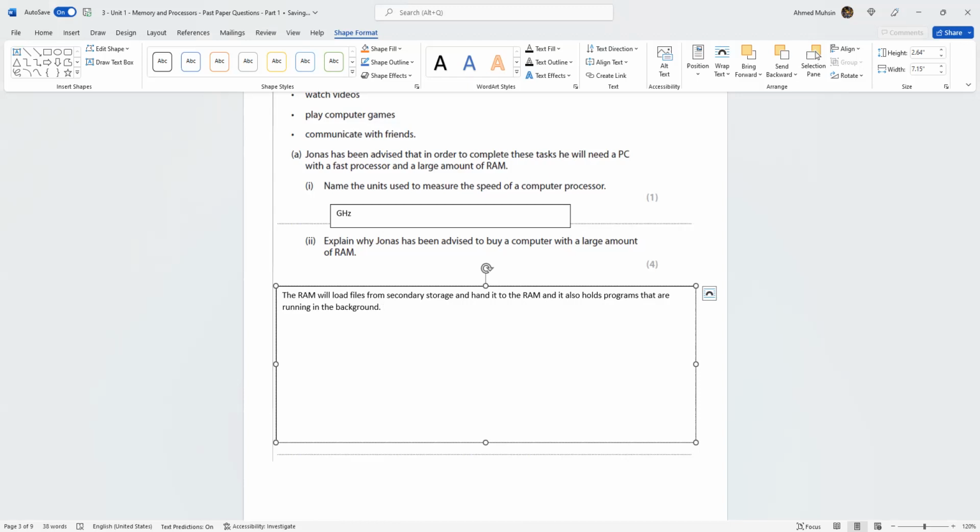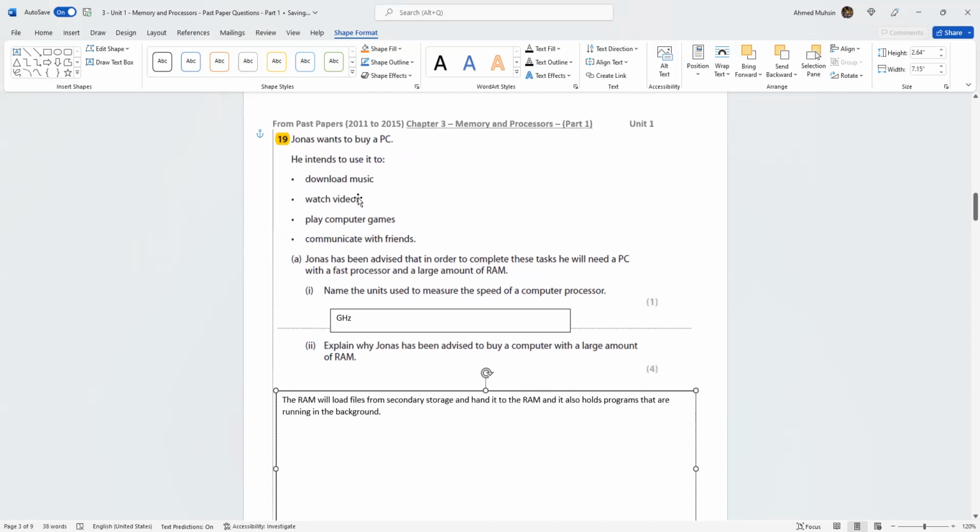Since they're giving you 4 marks and asked you to explain, first show that you know what the RAM does, then relate your answer with the scenario. In the scenario, we're talking about Jonas who wants to download music, watch videos, play computer games, and communicate with his friends. Use this information in your answer.